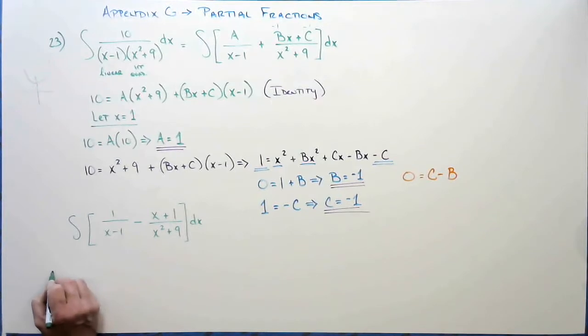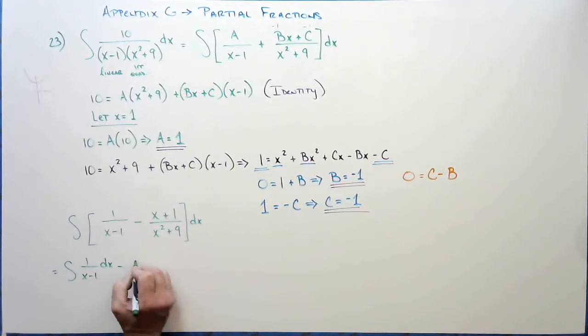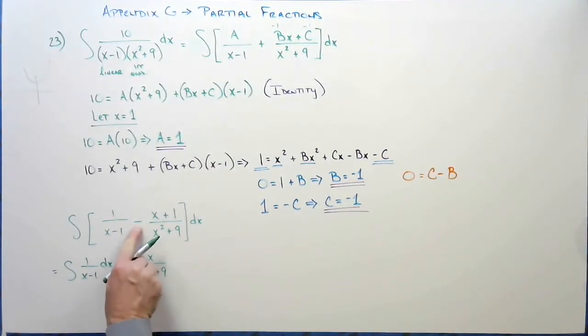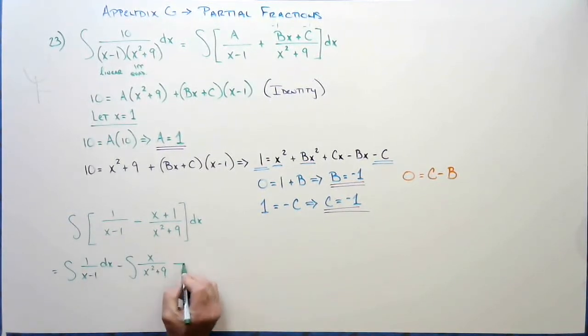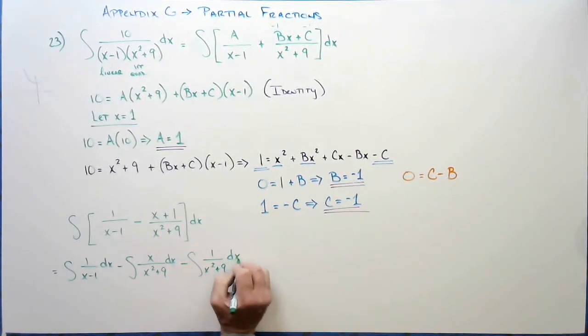So if we just rewrite this as 3 integrals, because I'm going to break this up, I'm going to make this x over x squared plus 9, negative sign right from here, minus, and I'm going to use the 1. Oh, I forgot my dx, didn't I? Let's put that in there. I'm going to have my 1 over x squared plus 9 dx.